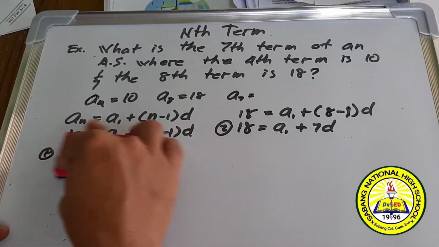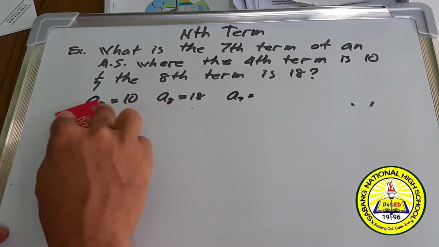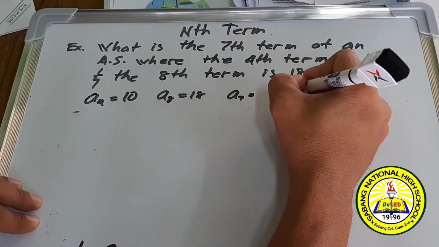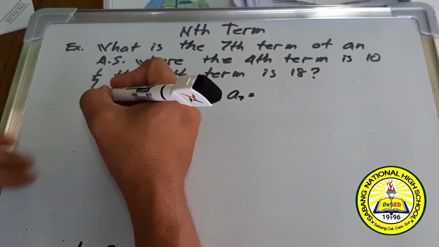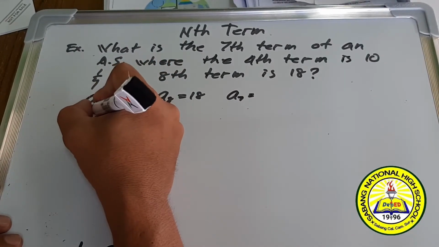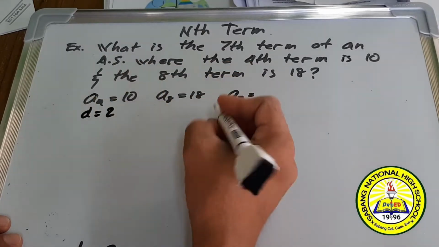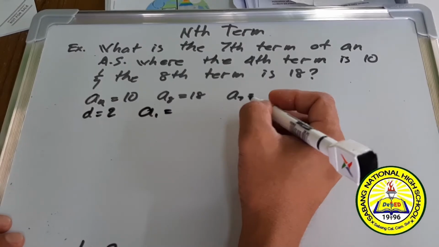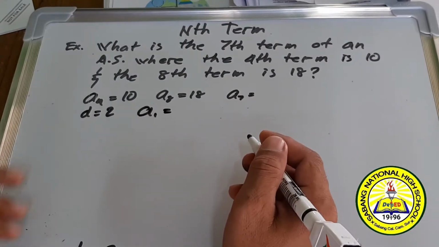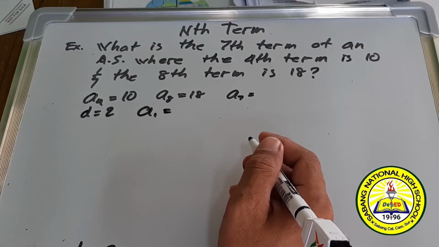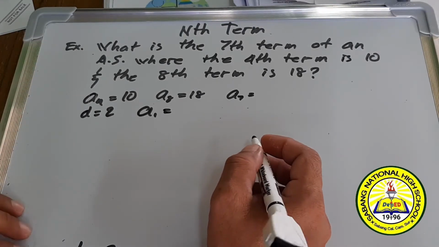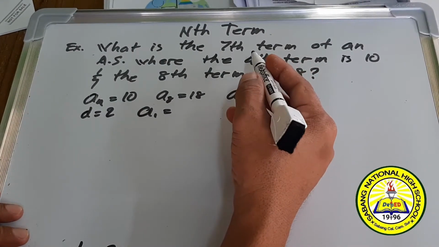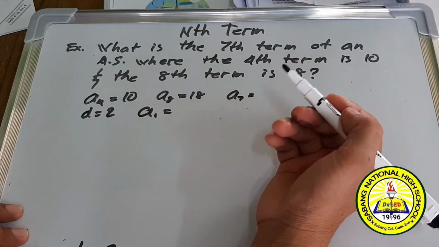Next, if we now have the common difference 2, let us now write our newly found given, or rather information. The common difference is 2. What is lacking is a sub 1, because on our problem, the formula requires the value of a sub 1. Okay, so to look for a sub 1, you can just use any of the two givens, the fourth term or the eighth term.